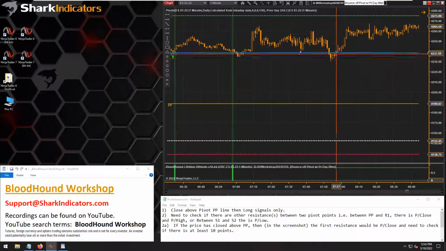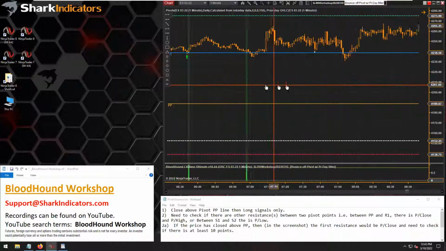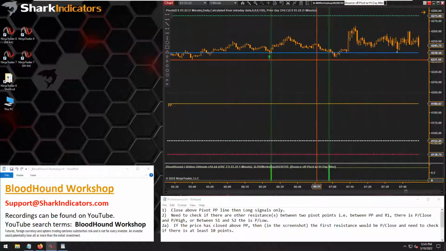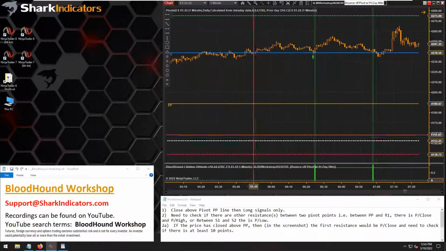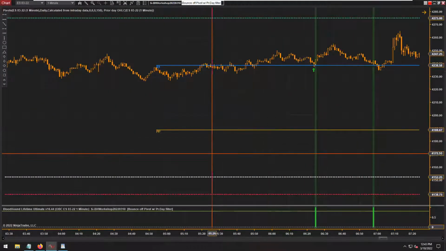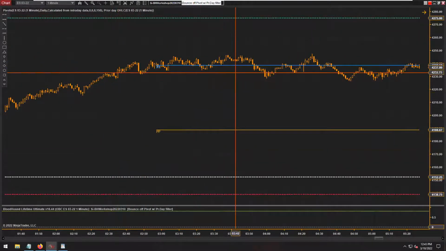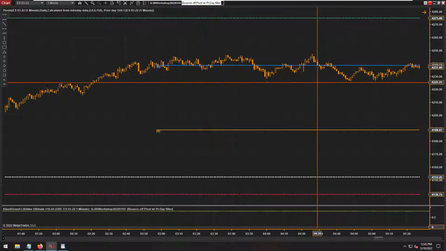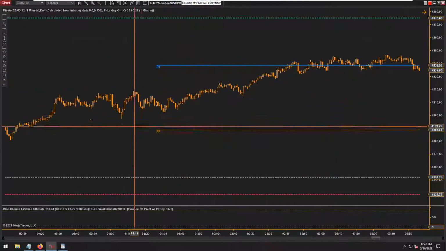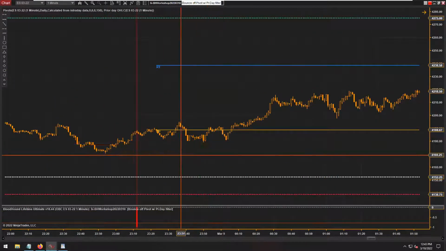All right, so we cleaned up that long signal there. There's a couple of bounce longs. That looks good. Let's keep on going here. Yeah, I think that looks good.